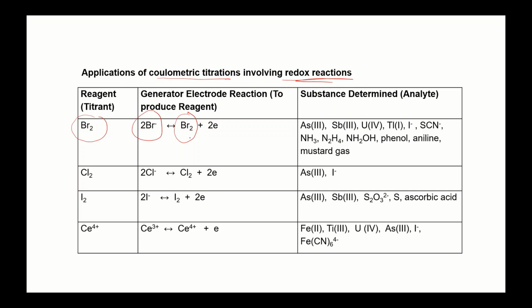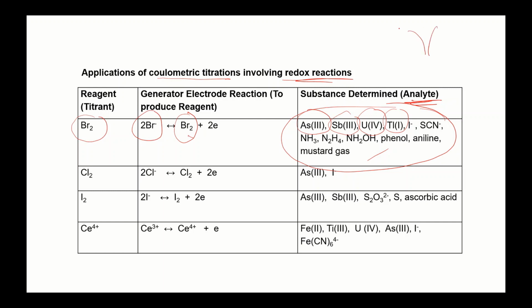Bromine as reagent will react with arsenic 3, antimony, uranium, thallium, and so on. You can determine a lot of analytes present in your test solution using bromine.